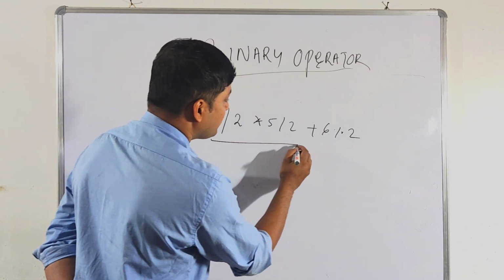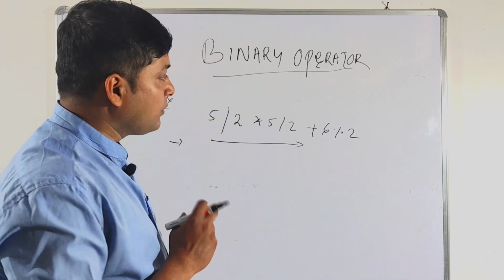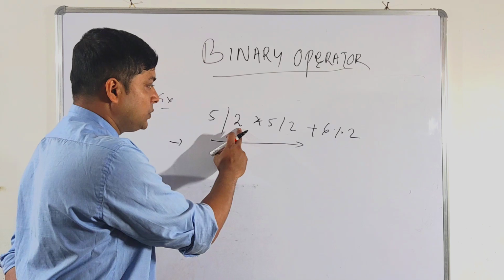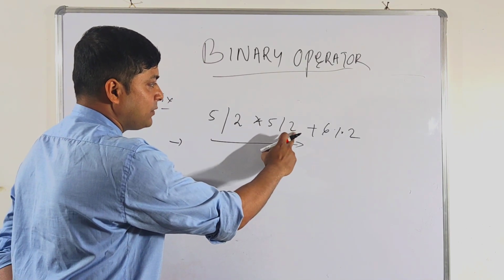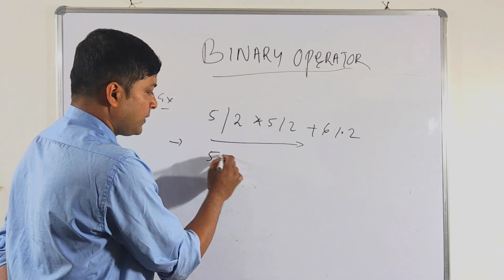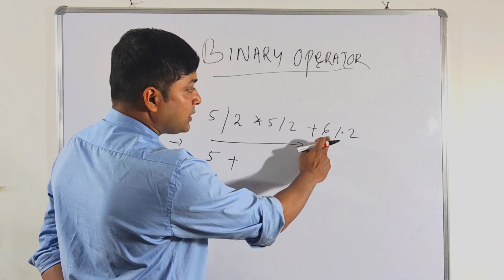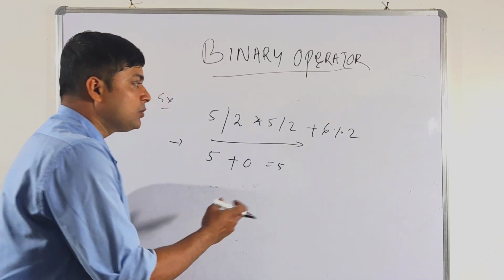First you have to move from left to right until the second priority comes. So first, 5 straight division 2 is 2. 2 into 5, 10. 10 straight division 2, 5. So the answer is 5. Why do I stop? Because the second priority will start. Now 6 modular division 2 is 0. So the answer is 5. Like this way you have to calculate.